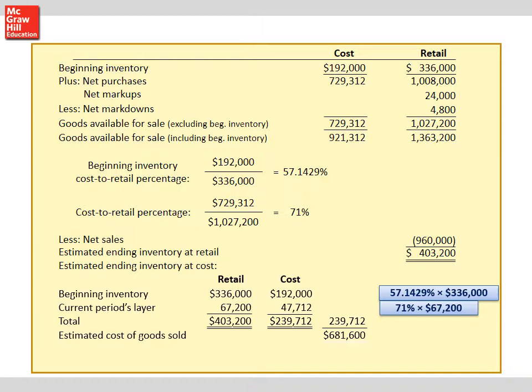So when we're determining the cost of ending inventory, we assume if the retail inventory amount that we calculate, the 403,200, is equal to or lower than the beginning inventory retail amount, that's all still there. So the cost of that would be the 192. We would just add the additional amount from this year's purchases at that cost to retail percentage. So a couple different ways so far.